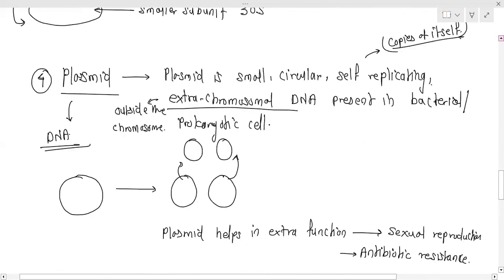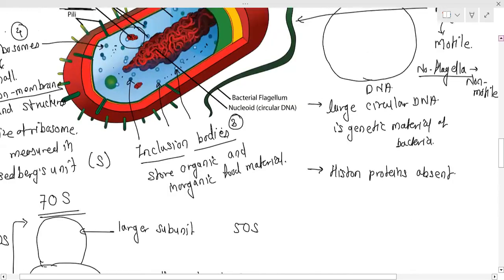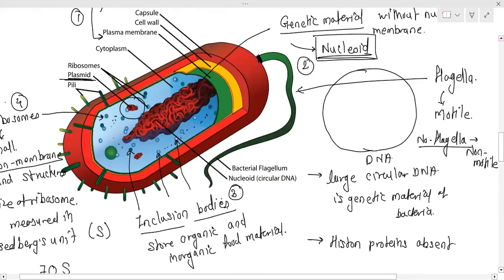But all bacteria have one structure called pili. When we talk about pili, remember, Vaibhavi, mesosomes were the plasma membrane taking a turn inside the cytoplasm.